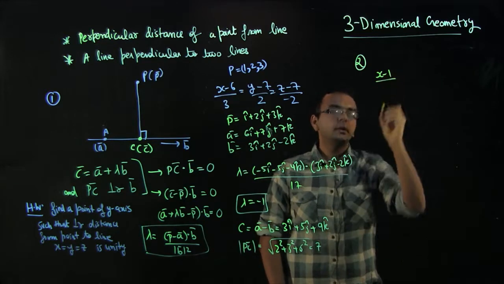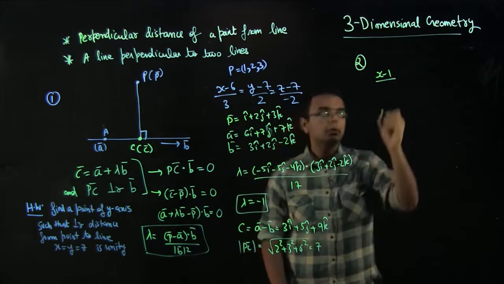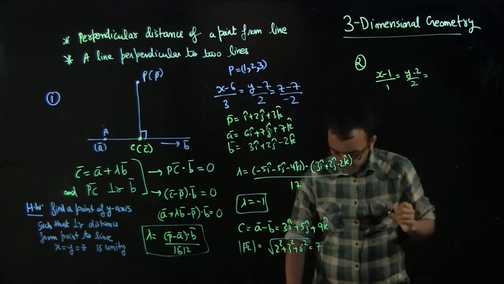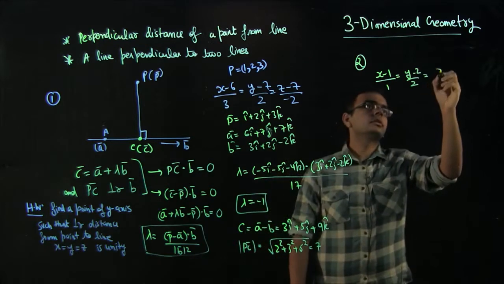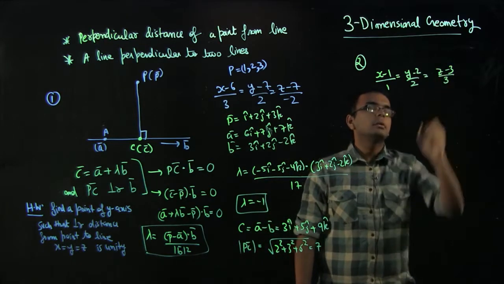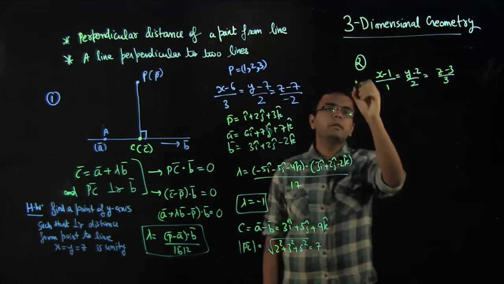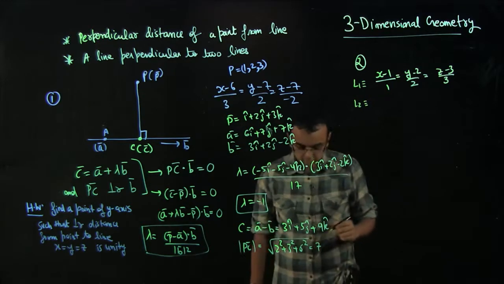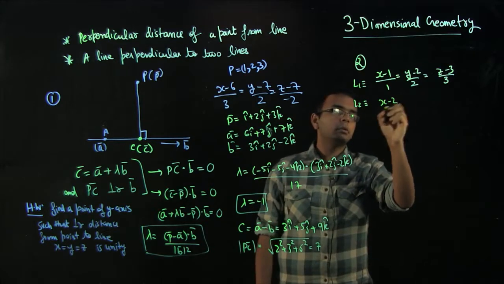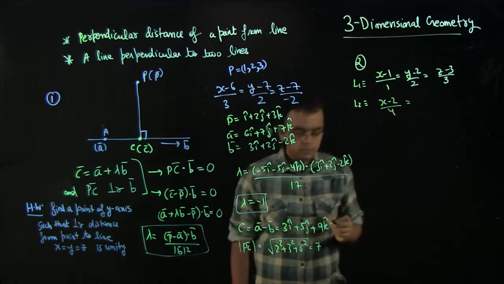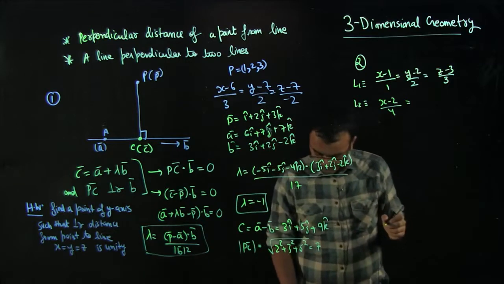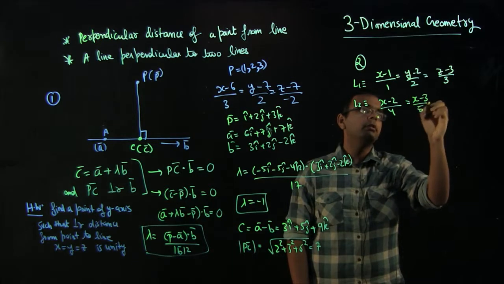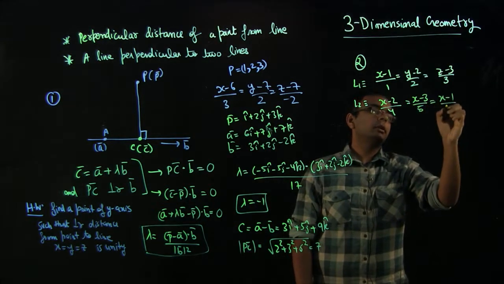So, the question says that we have been given two lines. L1 is (x minus 1) by 1 is equal to (y minus 2) by 2 is equal to (z minus 3) by 3. And L2 has been given as (x minus 2) by 4 is equal to (y minus 3) by 5 is equal to (z minus 1) by 6.